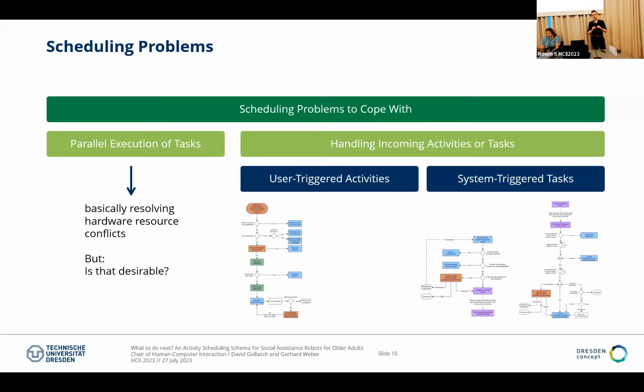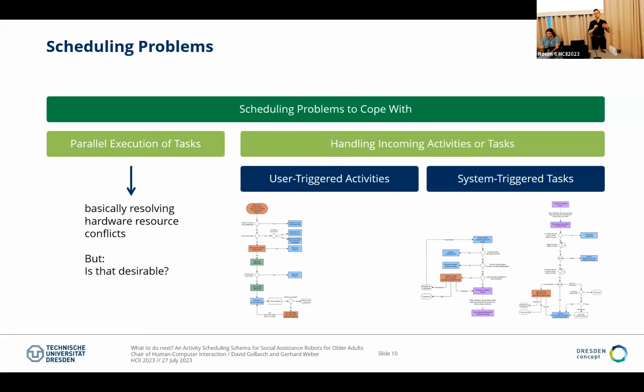But the more interesting part is what about incoming tasks. On one hand, the user triggered tasks, so commands that the user gives towards the robot, where we want to know how to proceed in case there's already some activity running, like this entertainment stuff, playing music. And on the second part, we have some externally triggered activities.